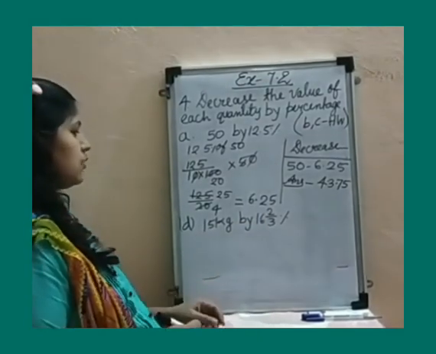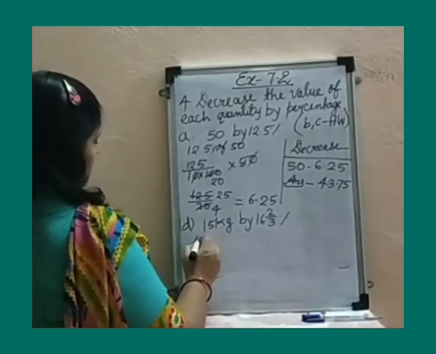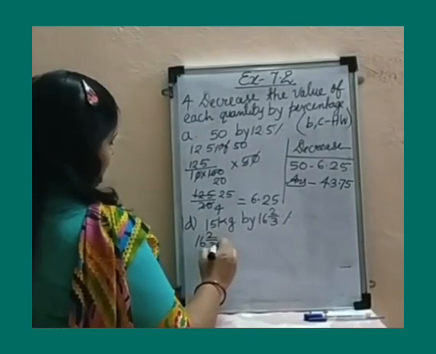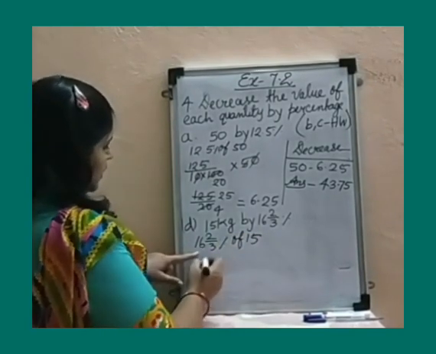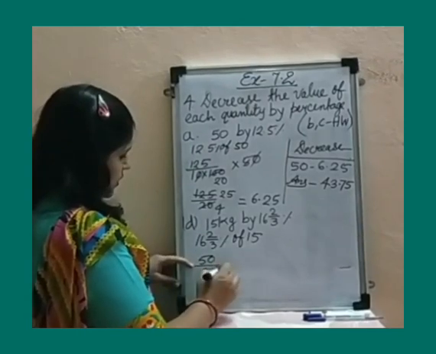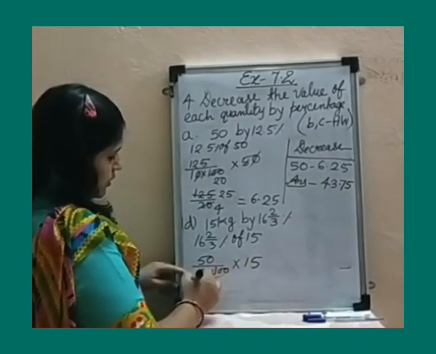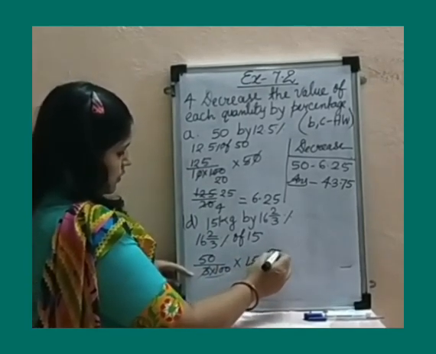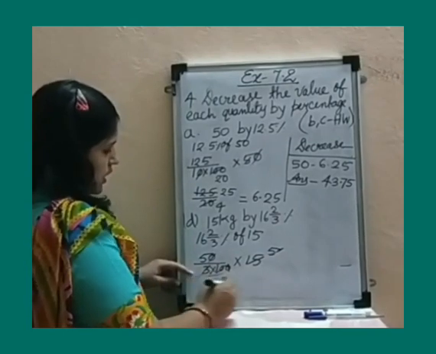Now question D is 15 kg decreased by 16 2/3%. So find out 16 2/3% of 15 kg. It is 50 upon 3 into 1 upon 100 into 15. 3 5s are 15. 10 by 10. 5 2s are 10.